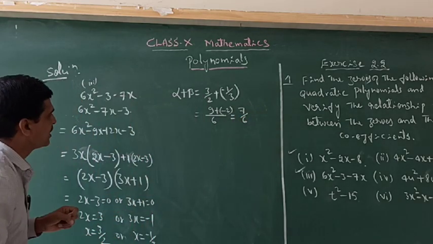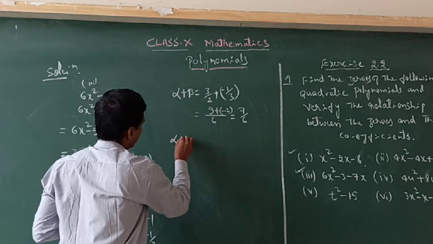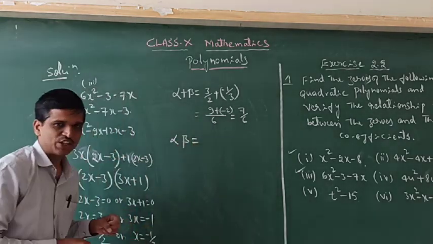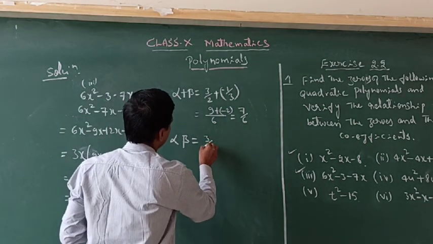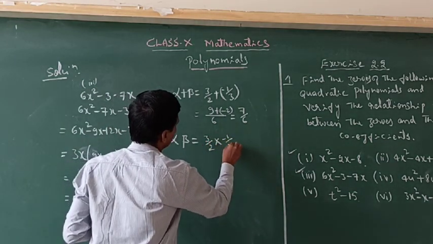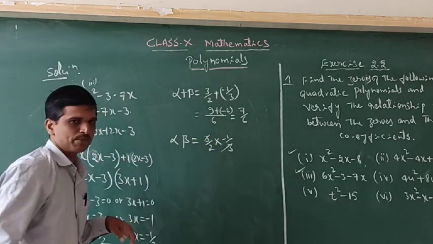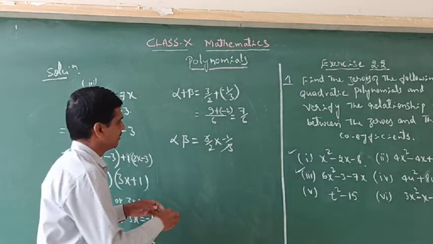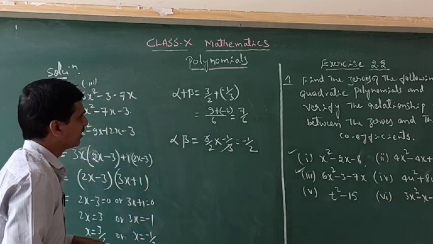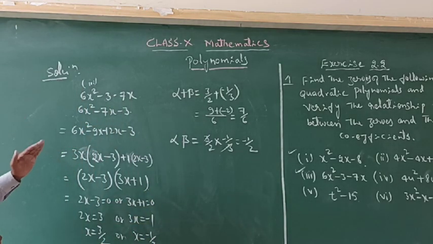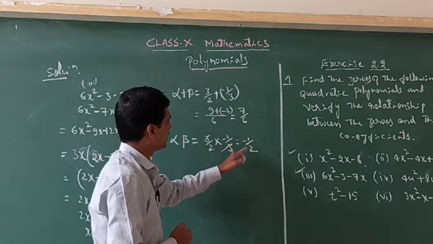And the product of the zeros is 3 by 2 into minus 1 by 3. Automatically this cancels because of the numerator and denominator. So what is left now? Minus 1 by 2. Now consider the given numbers, it is 6 and it is 2.